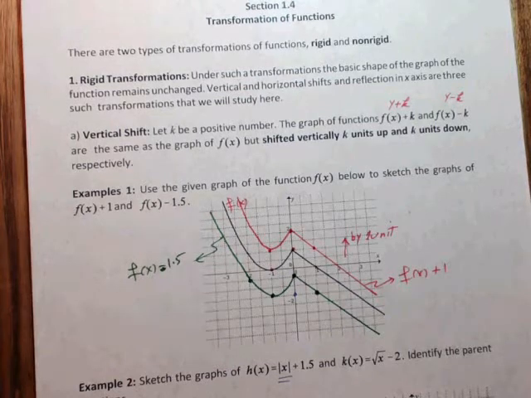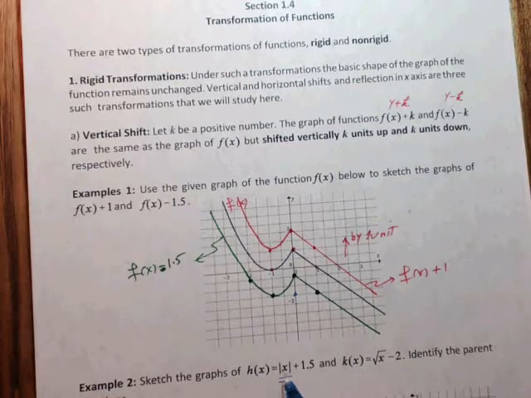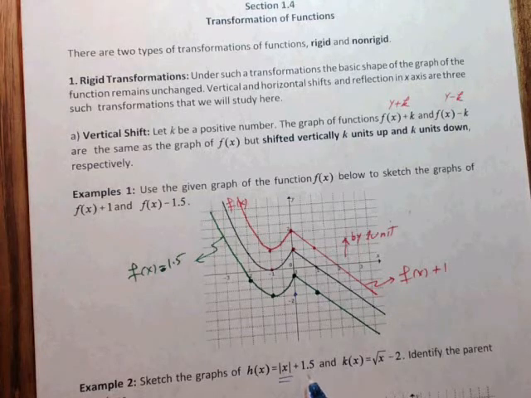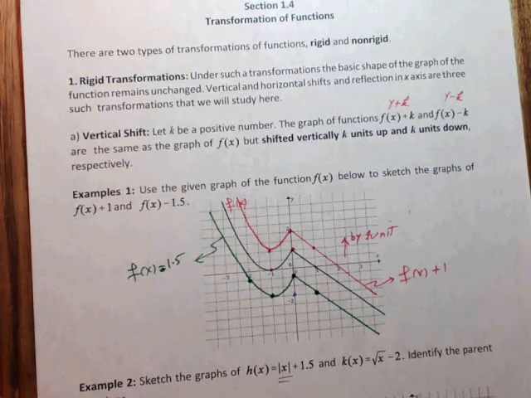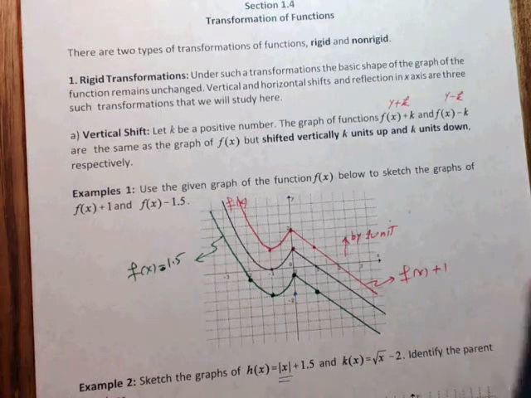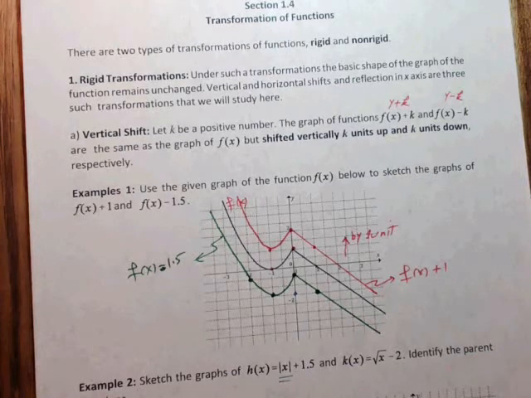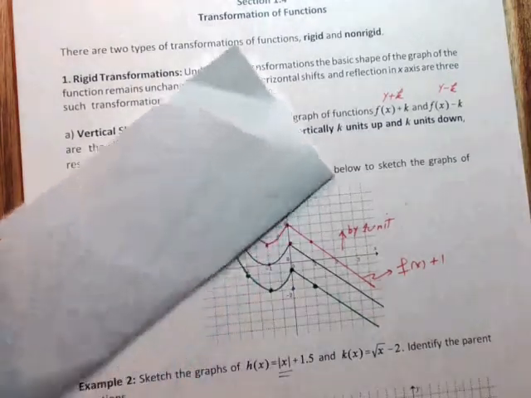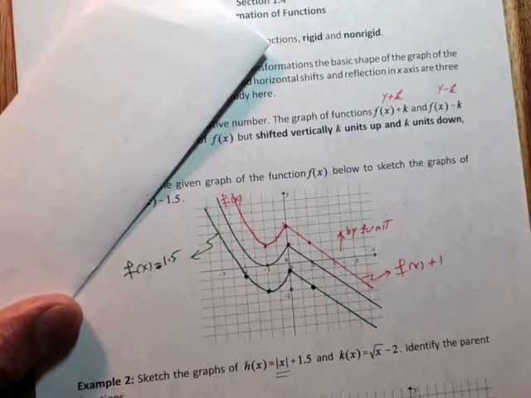The graph of absolute value is like a V shape. Okay. Now to get the graph of absolute value of x plus 1.5, we have to move it up 1.5 units. So this point goes to this point, and the shape stays the same. So what I would do is just draw, and of course this is 1.5 there.